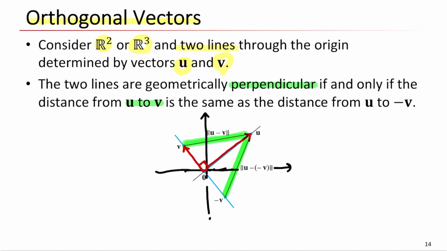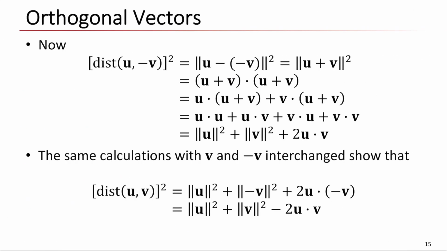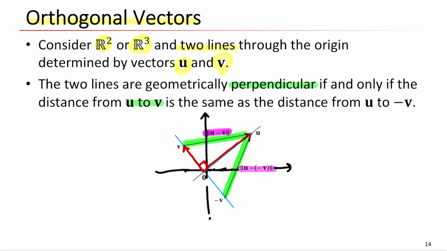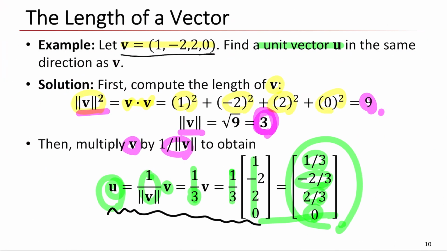Okay, so then let's define the length of u minus v, and the length of u minus negative v. First of all, the distance between u and negative v is going to be this one, right?